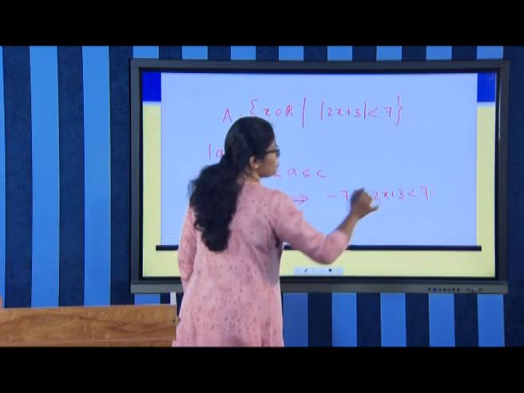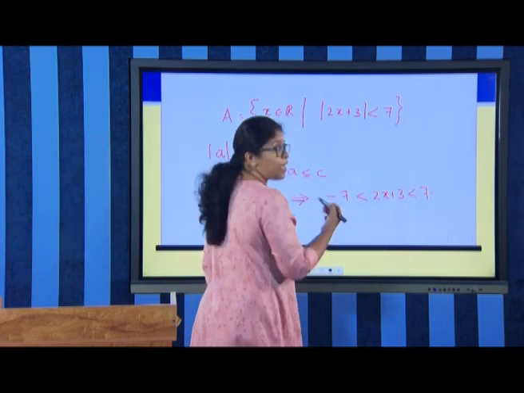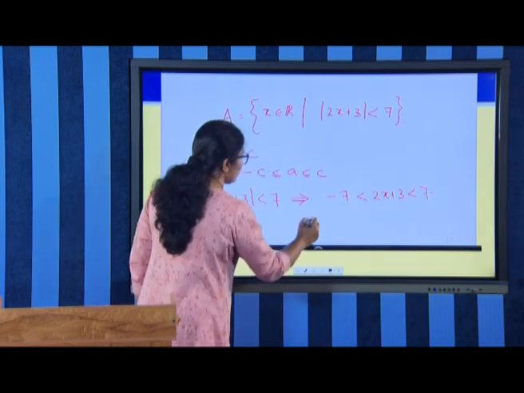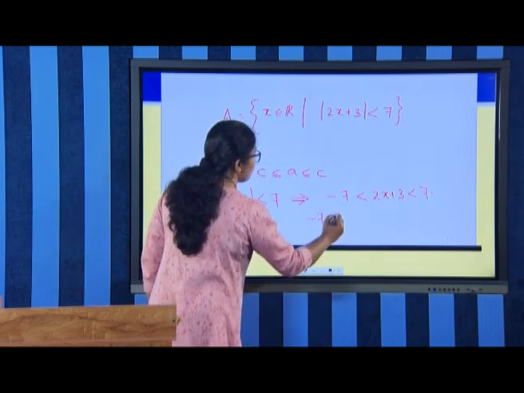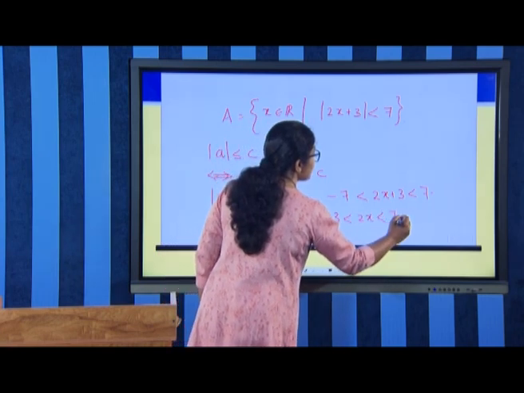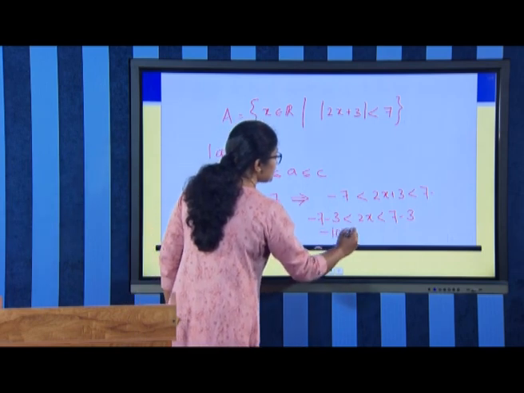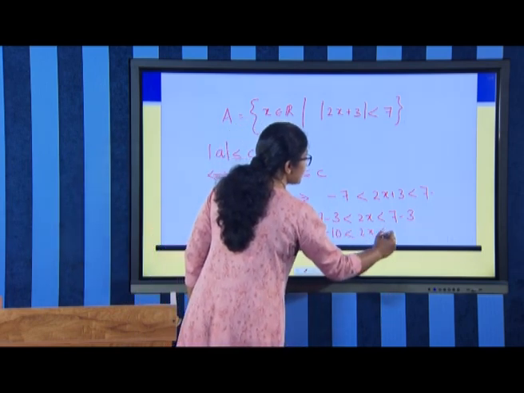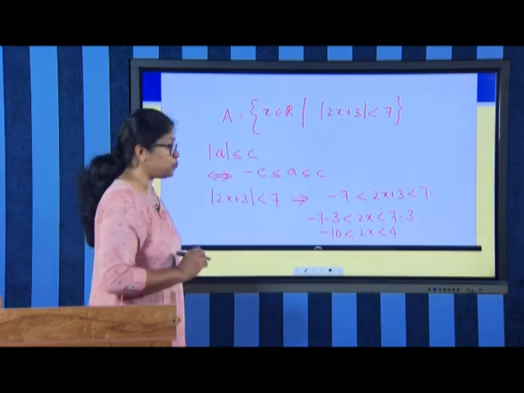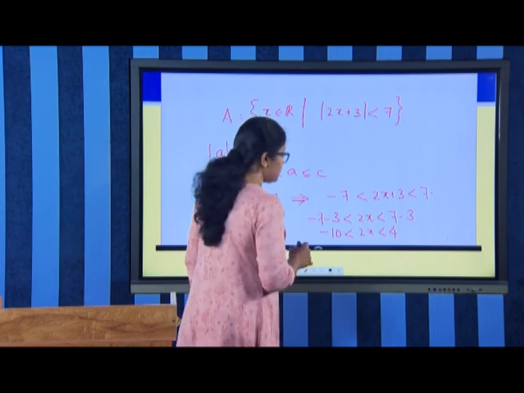Adding a negative 3 throughout, because we need to find the x values. So, we will be getting minus 7 minus 3 is less than 2x is less than 7 minus 3. So, that is negative 10 is less than 2x less than 4, and dividing throughout by 2, being a positive quantity, does not change the inequality.